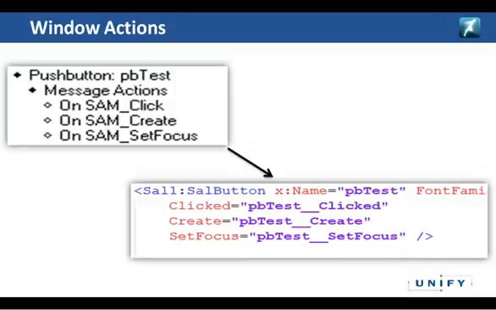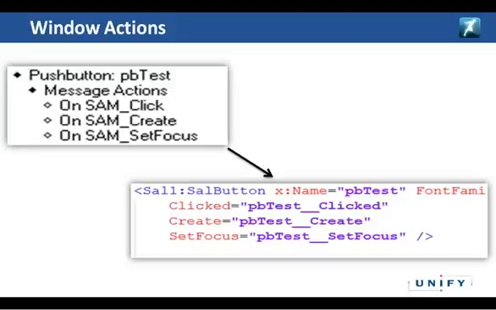The window actions, and here again, this is the binding between the GUI and the code behind. In this case, the code behind is not C#, but Team Developer. On the left side, you see all the events of a button: onSAL click, onSAL create, onSAL set focus. And you see the XAML definition of that button. It's a SAL button.